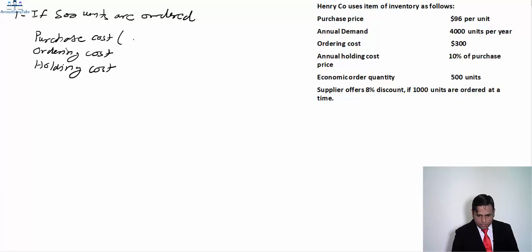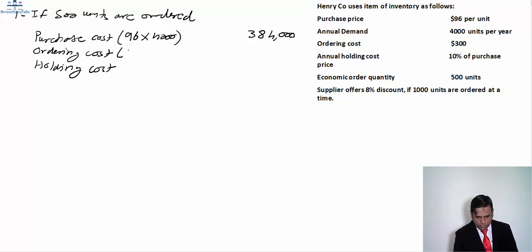Now, purchase cost is 96 per unit and annual demand is 4000 units, so our purchase cost becomes 384,000. Then we compute ordering cost.